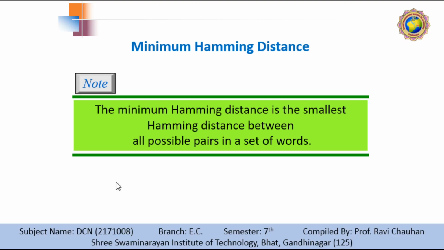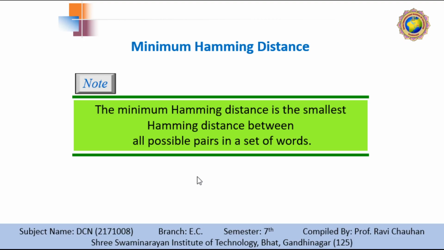So what is the minimum Hamming distance? Although the concept of Hamming distance is the central point in dealing with error detection and correction codes, the measurement used for designing a code is the minimum Hamming distance. In a set of words, the minimum Hamming distance is the smallest Hamming distance between all possible pairs.